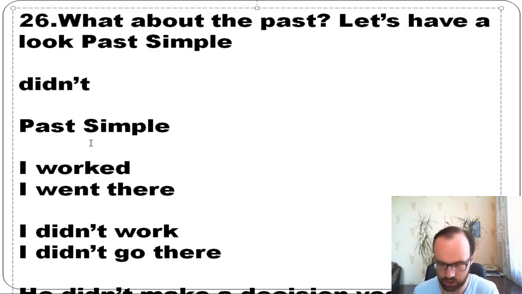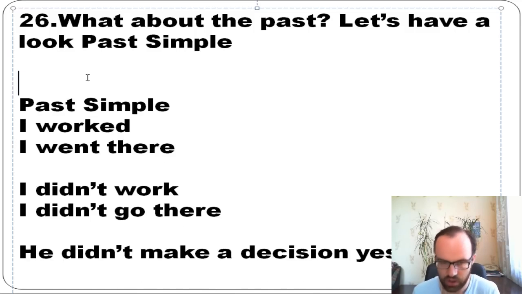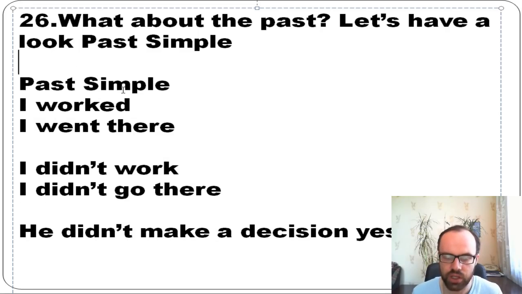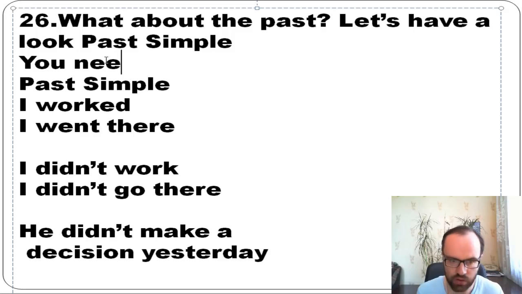So if you want to say something in past simple, you use the second form. So it's the second form. So you need to know three forms.